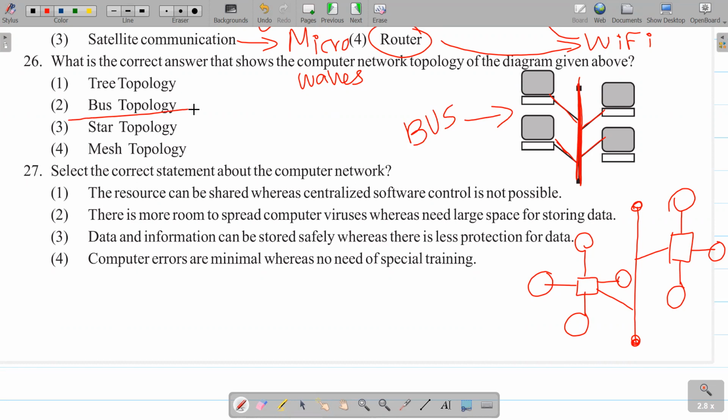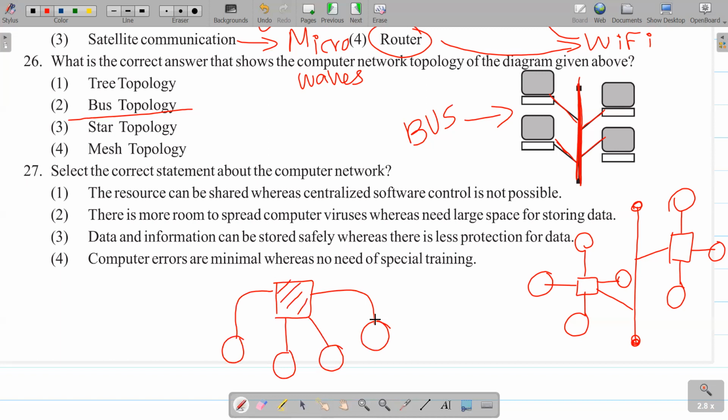And people, don't get deceived by the pictures, right? So tell me what kind of topology is this? Yes, what's this topology? Yes, people?